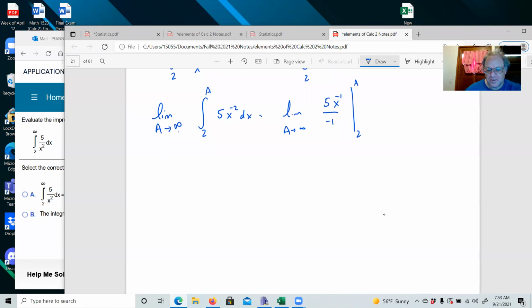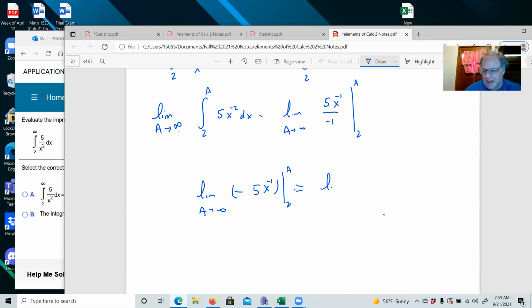Okay, so here we have negative 5x to the negative 1 from 2 to a, limit as a goes to infinity. Do you know you're allowed to swap your limits of integration if you have a negative sign, if that will consume your negative sign?